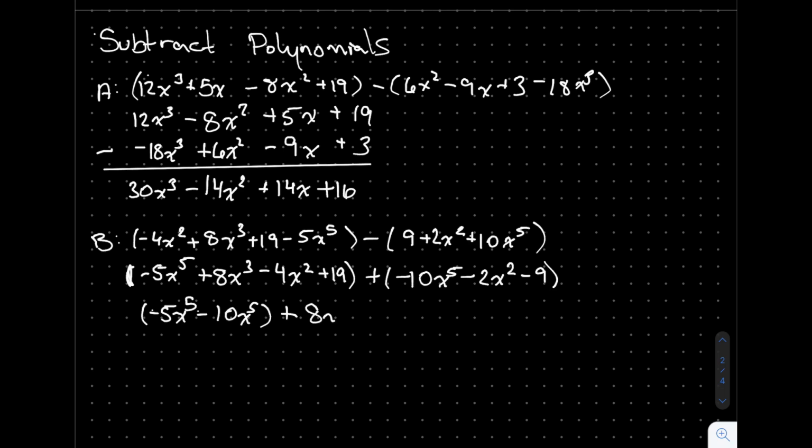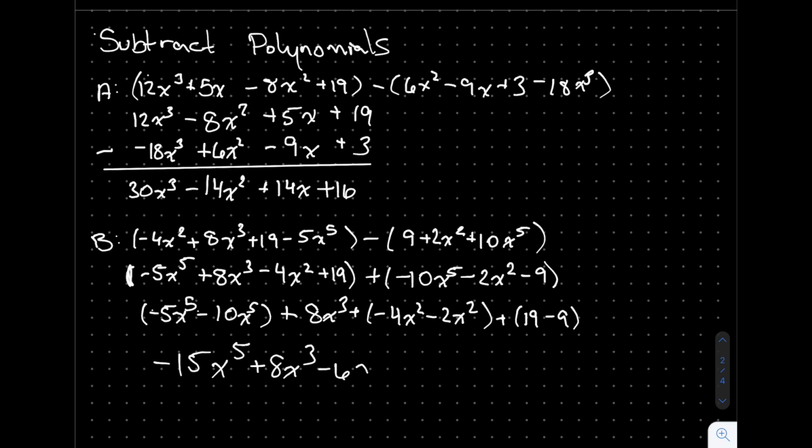We can combine those two x squareds. So this can be negative 4x squared plus or minus 2x squared. And then we can combine that 19 and that negative 9. So all told, the difference of these two polynomials is negative 15x to the fifth plus 8x cubed minus 6x squared plus 10.